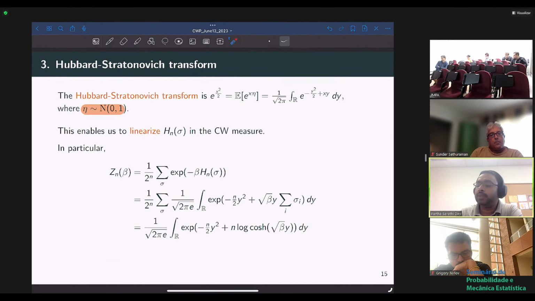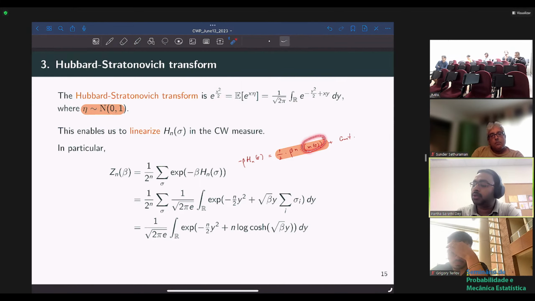The Hamiltonian H_n(sigma) is exactly, it looks like, half times beta times n times m(sigma) square plus some constant, but the constant does not matter. Here we have a quantity like half times some constant times x square, so we can use this transform to linearize.